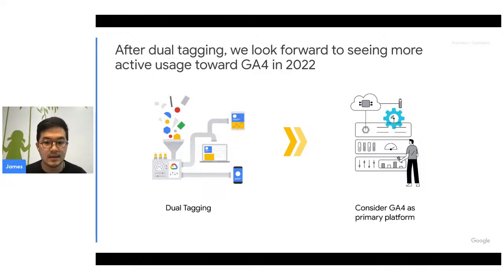If the customer is already in the dual tagging setup, it's all fine. The next step would be using GA4 as their primary platform as much as possible and trying to understand how the customer is, for example, integrating GA into their day-to-day business and how we can help our customers migrate those use cases to GA4.